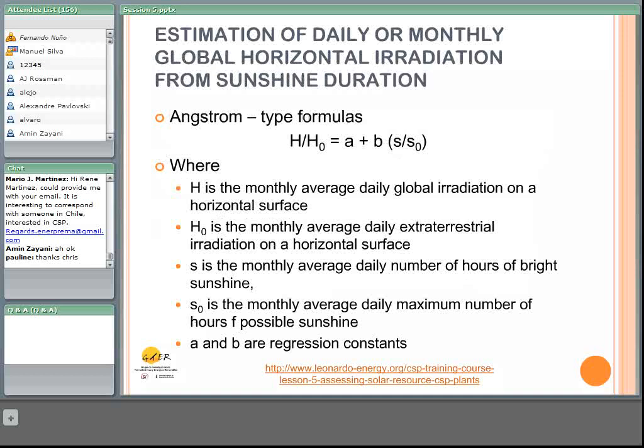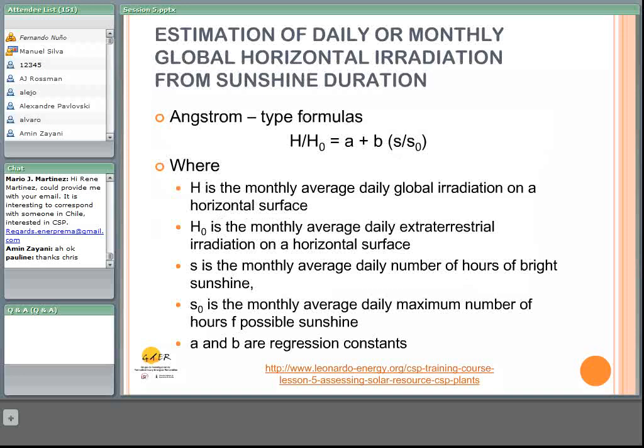These types of model use the sunshine duration data, which are, as I said, available in many places all around the world, and in long time series, which is good from the point of view of statistics.